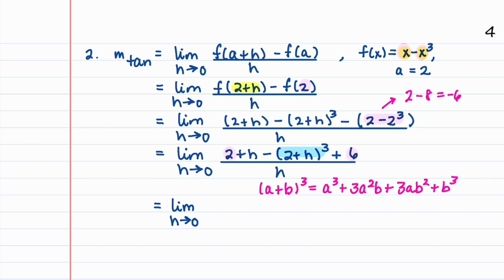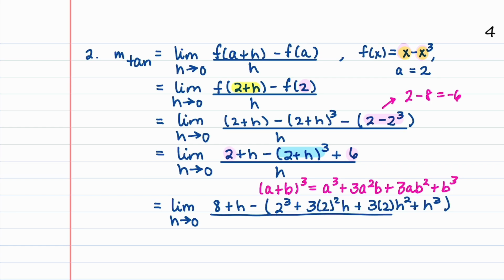So this is going to be 8 plus h minus, here we go. This is a cubed, which is 2 cubed, plus 3 times 2 squared times h, plus 3 times 2 times h squared plus h cubed, all divided by h.